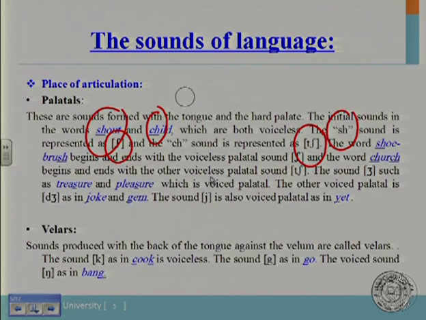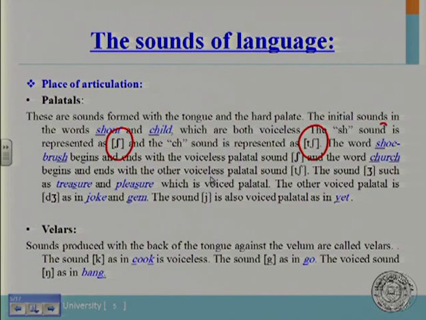So we have two sounds in palatal. The first one is sh, and the second one is ch. This is sh, which is a voiceless sound, and we have ch. Again, this is also a voiceless sound.